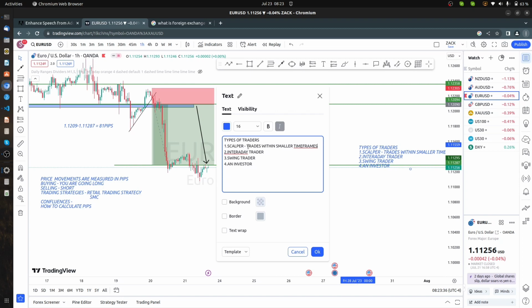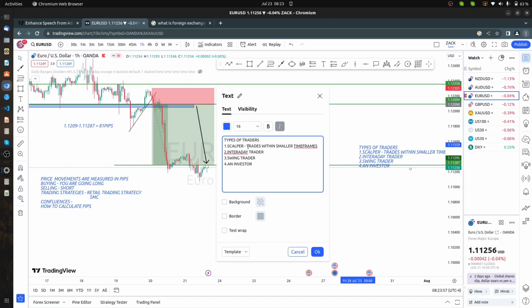Then we have these types of intraday trader. An intraday trader is simply a trader who executes multiple positions within the same day and lets the trades run for some hours before getting out of the market. So that is basically an intraday trader. Then we have a swing trader.